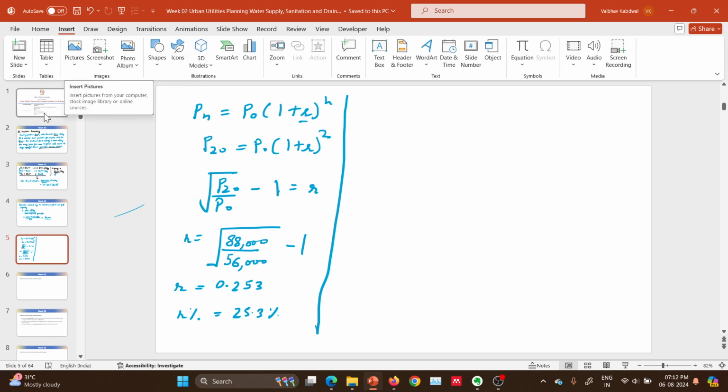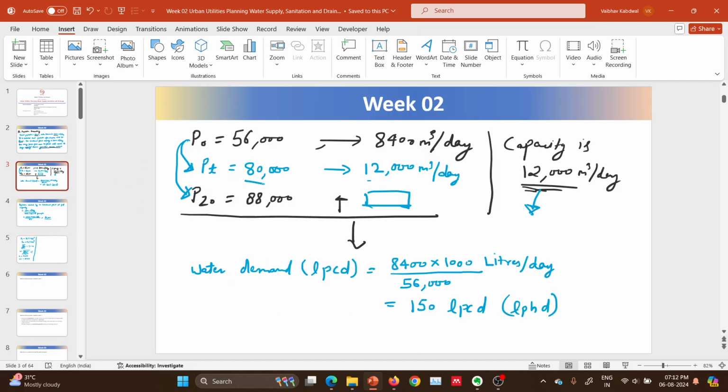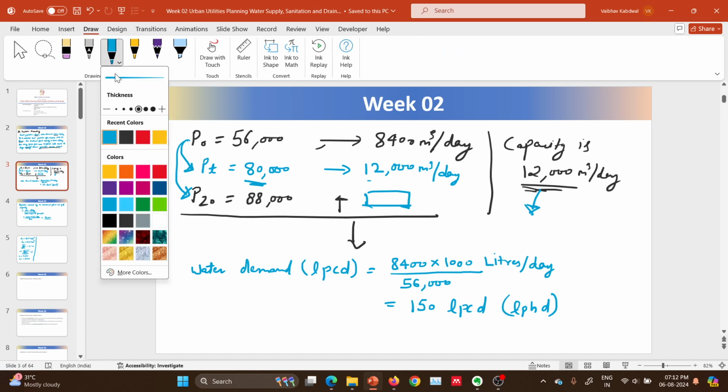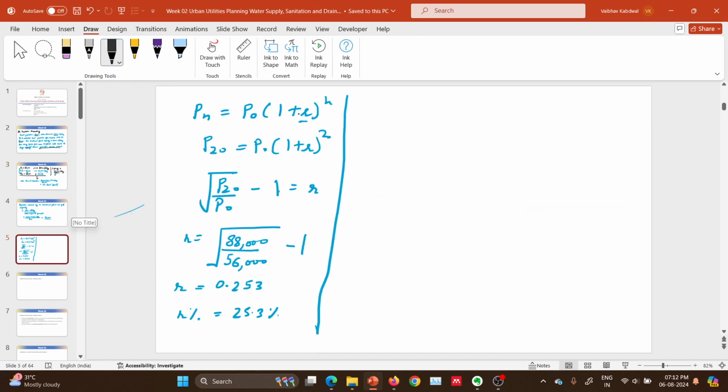And from here we can use R to calculate at what time the population will reach 80,000. Now we can write Pn equals P0 times (1 plus R) to the power n. This time we need to calculate n.